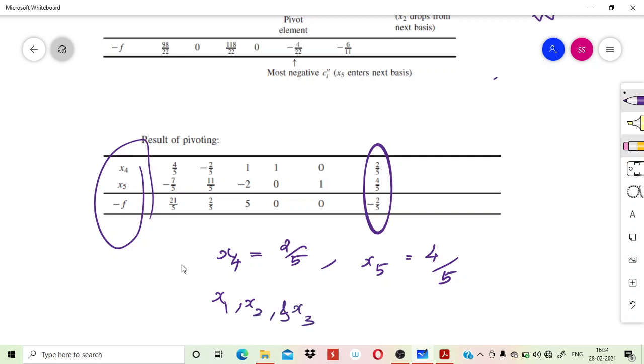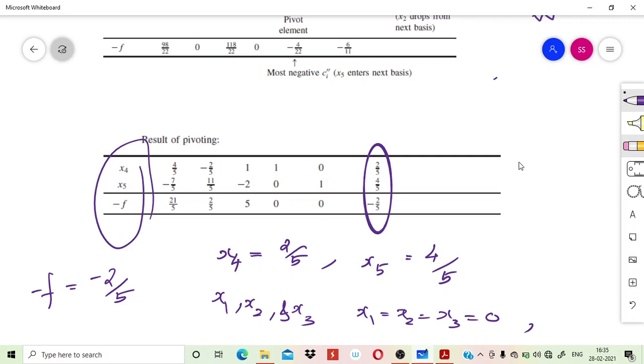These are not in our tabulation, so without any doubt you can write x1 equal to x2 equal to x3 equal to 0. And the minimum value of our original objective function is given by minus f equal to minus 2 by 5.